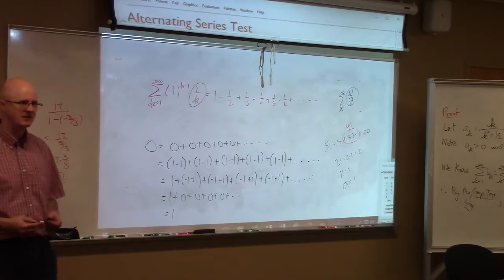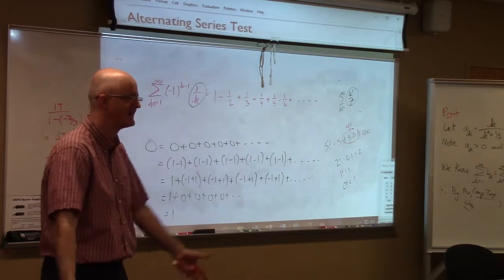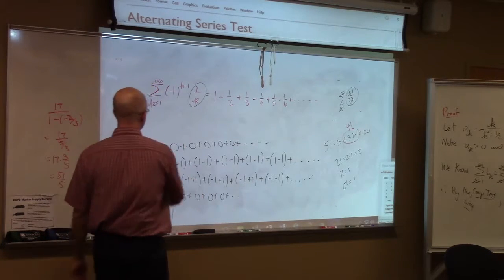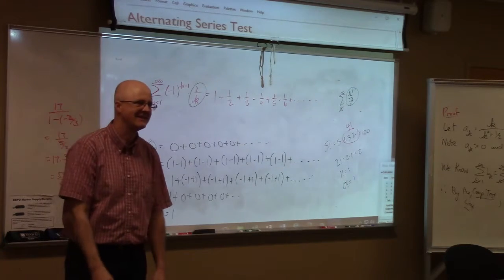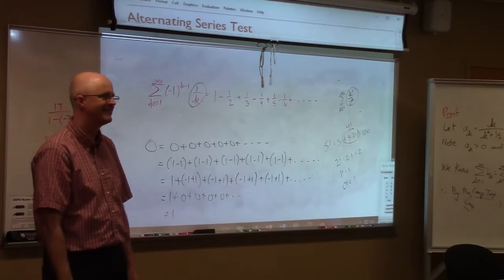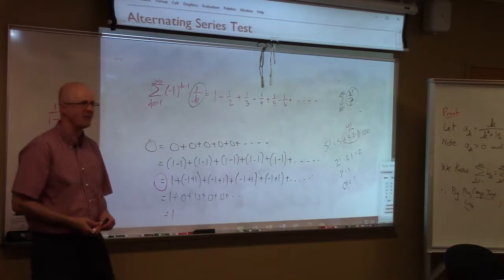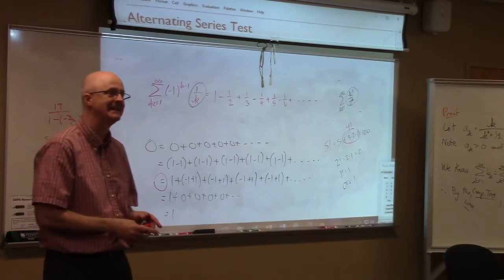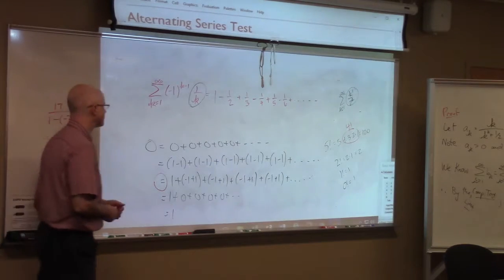Have I proved 0 equals 1? It can't be true. There must be a problem somewhere. Where do you think the problem is? Which equality here? First, second, third, fourth, or fifth? The third one's the most fishy, and that indeed is the problem. You can't do that with this series. You can do it with some series, but not every kind of series.